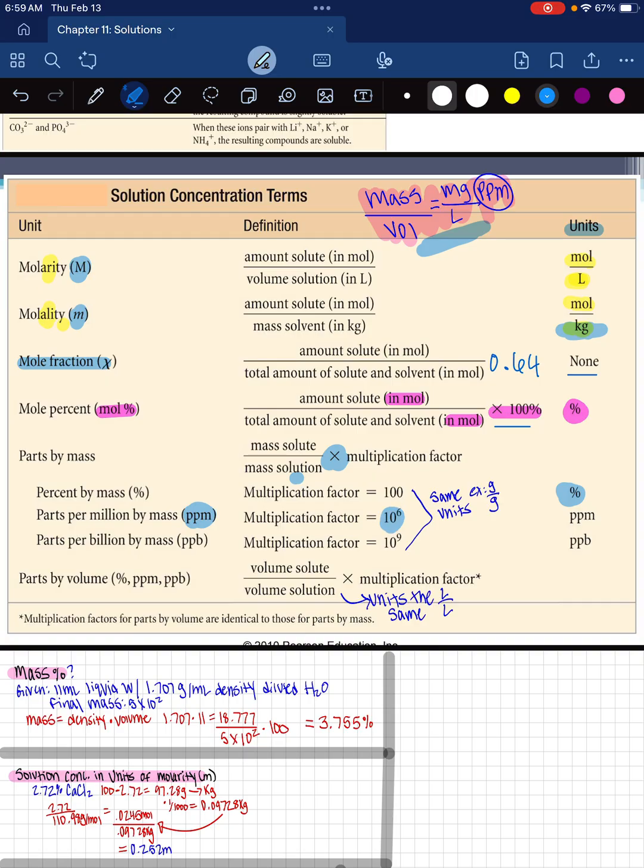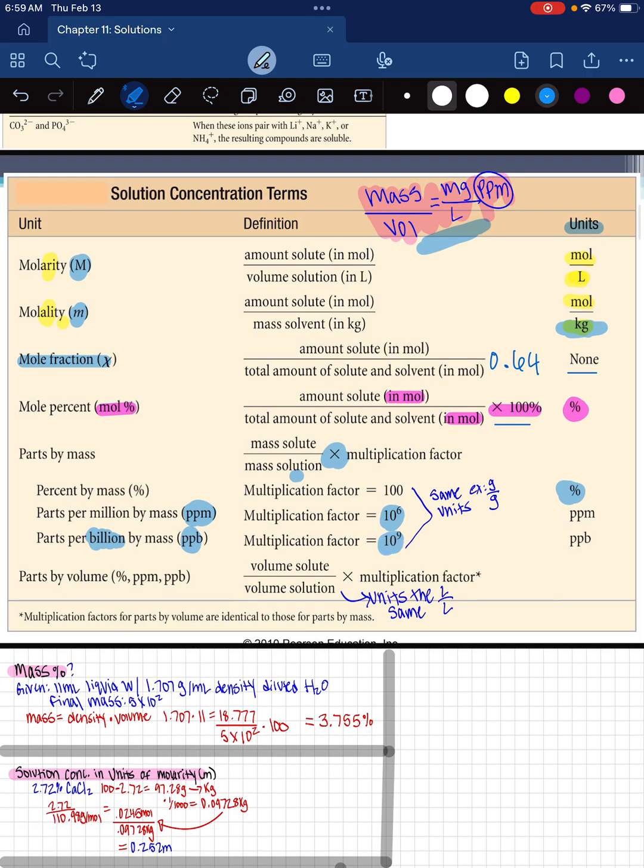And then if it's parts per billion, ppb, we'd multiply by 10 to the 9th. So you're just adding zeros every time, and then you just put the ppm or the ppb at the end of it. And then we move down to parts by volume. So there's parts by mass and parts by volume. Obviously, they differentiate between mass and volume, what you're solving for.